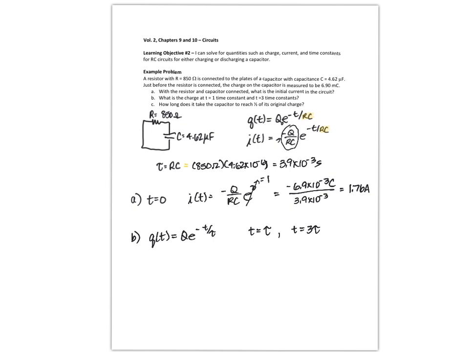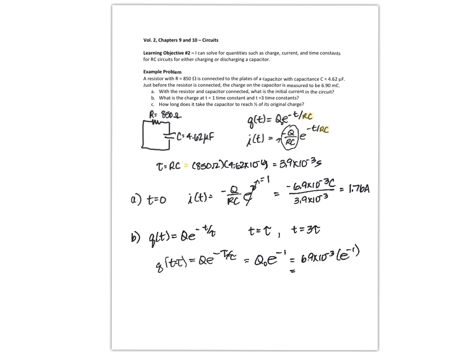And so for the first part, I just have my initial charge. So t equal to tau. I get Q e to the minus tau over tau, and that's Q naught e to the minus 1 equals, my initial charge was 6.9 times 10 to the minus 3 times e to the minus 1.